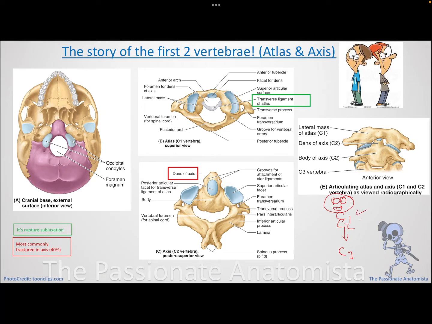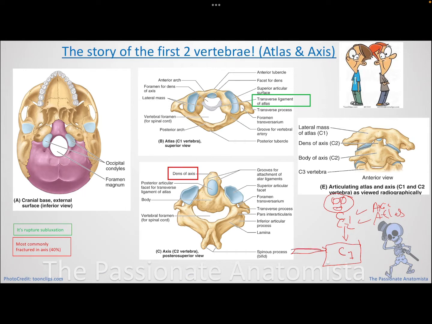So C1 and C2, which are what we call the atlas and axis, are going to be different than the others. And C7 also is going to be different. It's going to have a prominent spinous process, which is important in the clinical examination if you want to palpate the neck and count in that patient, because you need to see where the problem is in his neck.